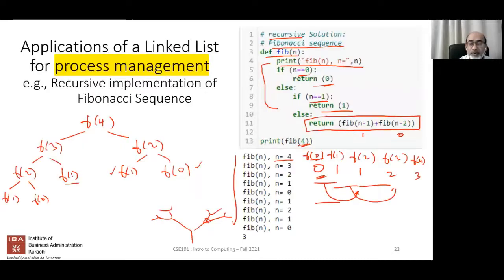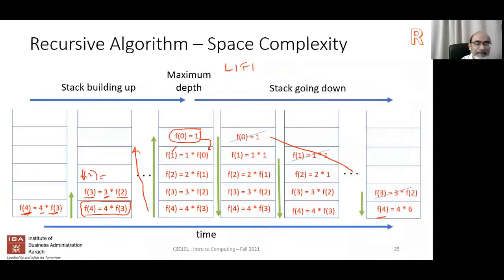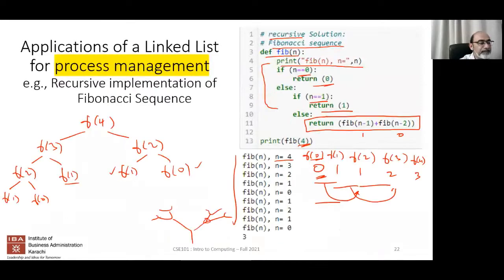Now, if something is growing like a tree, you can't simply keep it as a simple structure like an array. Over here, this could have been kept in an array. But now because it's becoming wider and wider, dividing up and multiplying, you can't keep it as an array.